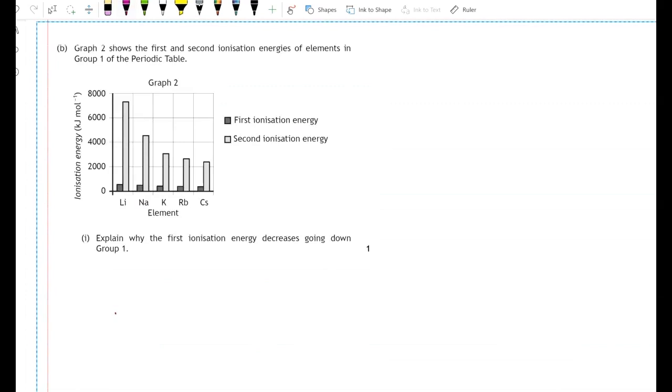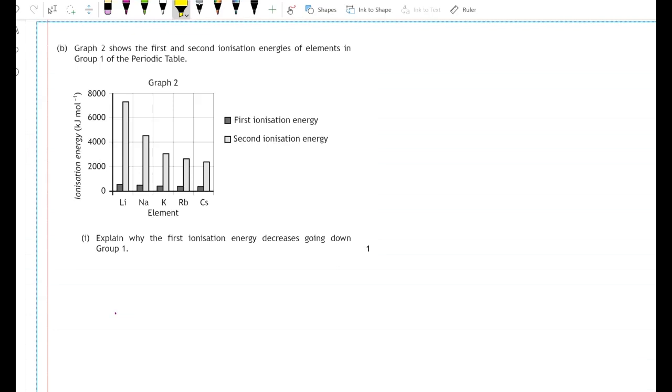This question is similar to the two that we've done previously. You might want to pause the video and have a go before we go through the answer together. So, this question, similar graph, you've got elements, and this time we're looking at ionisation energy. You've got the first ionisation energy and then the second ionisation energy.